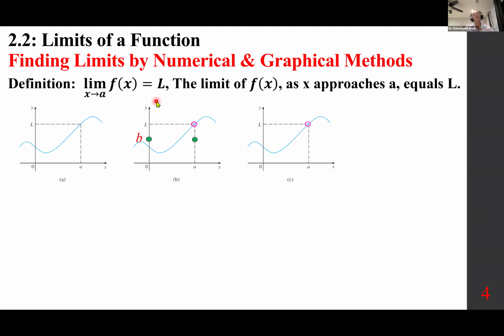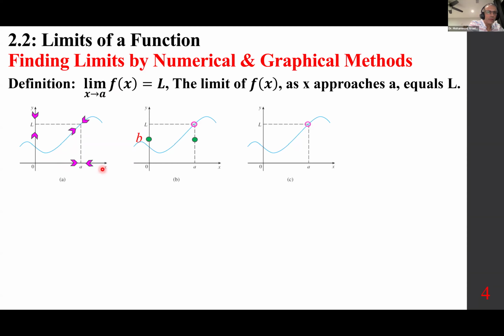Now, let's take a look at these three cases. They look very similar. And we are interested in finding the limit of f of x as x approaches a. So we find a along the x-axis, and we're going to approach it from the left and right. As we approach it from the left, we are in this branch, and we are moving towards this point.